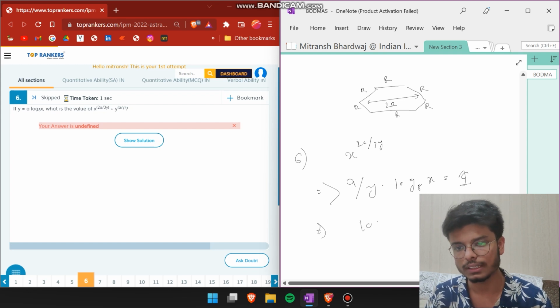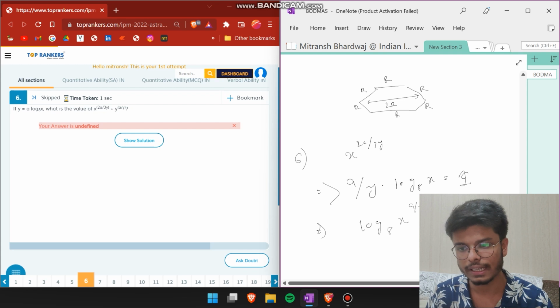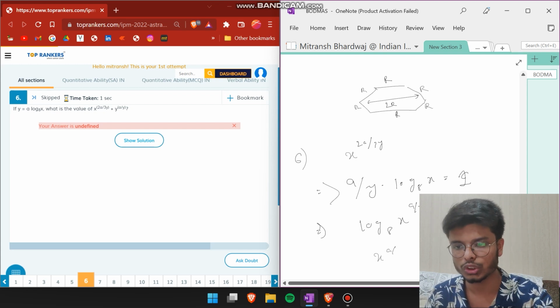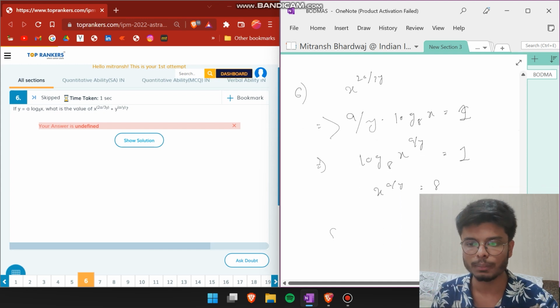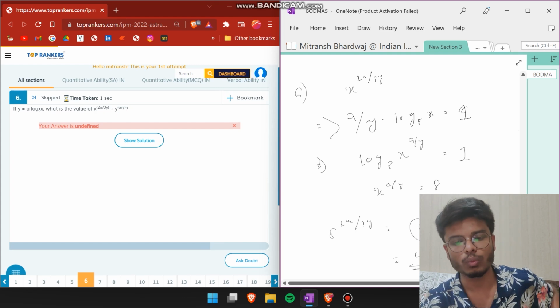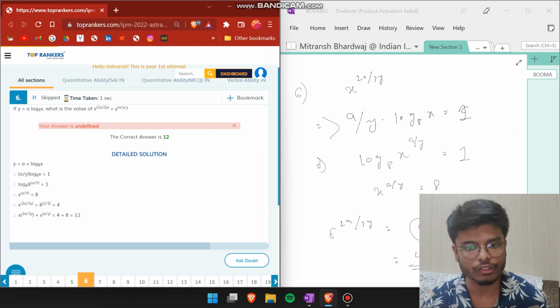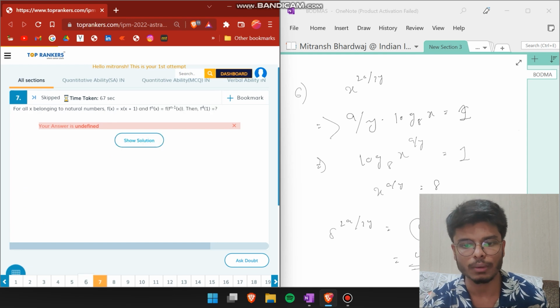From the property of logarithms, log 8 x whole to the power a by y equals 1. That means x to the power a by y equals 8. So x to the power 2a by 3y is equal to 8 to the power 2 by 3, that is 4. Similarly, you can find y to the power a by y, and the final answer will come out to be 12.